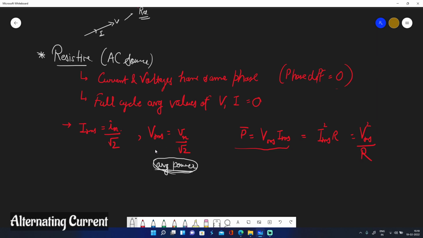So remember these expressions, these are important. And one more important point: the full cycle averages were 0, but for half cycle averages, I average for half cycle we got 2Im by pi. Or if it is voltage, it is 2Vm by pi.